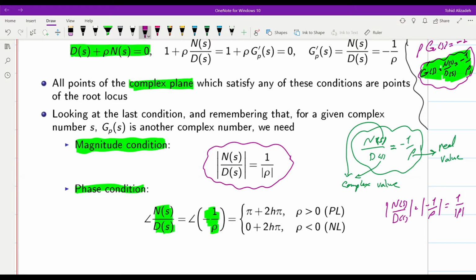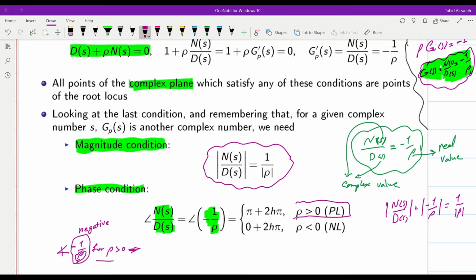When rho is bigger than 0 for the positive locus, if rho is a positive value, minus 1 over rho will be some negative value. Okay, so this will be negative.